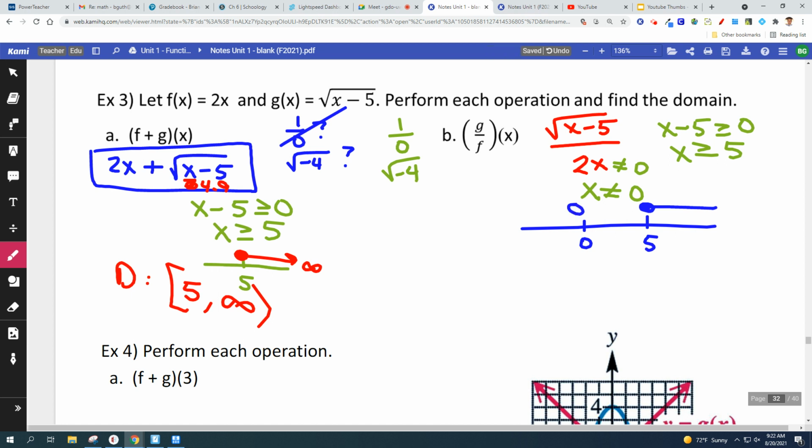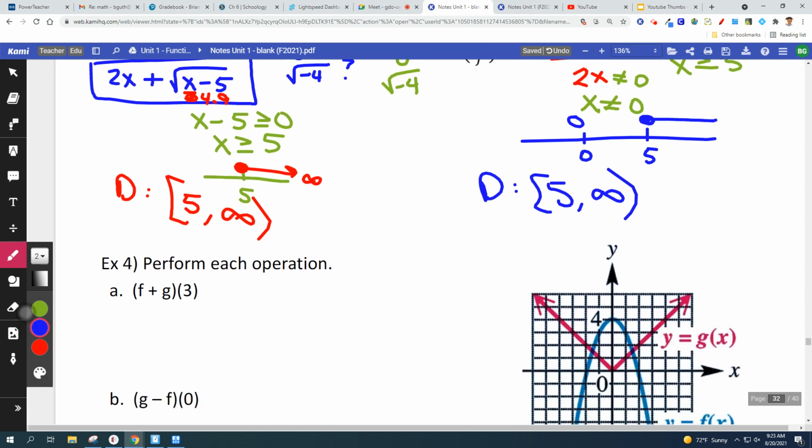As long as we're bigger than or equal to 5, then we've already got the 0 excluded anyway. So a lot of times you'll have to put it together into two statements, but in this case, as long as we are greater than or equal to 5, we're good.